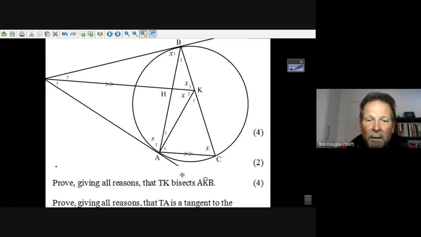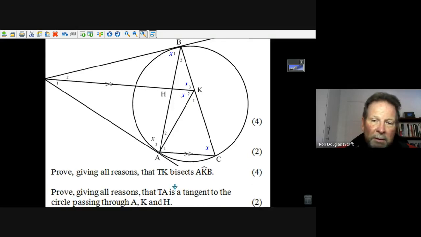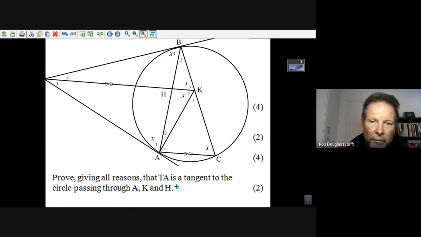Okay, the last question. The last question says, prove that TA is a tangent to the circle passing through A, K, and H. Well, you look at this, A, K, and H, there it is.